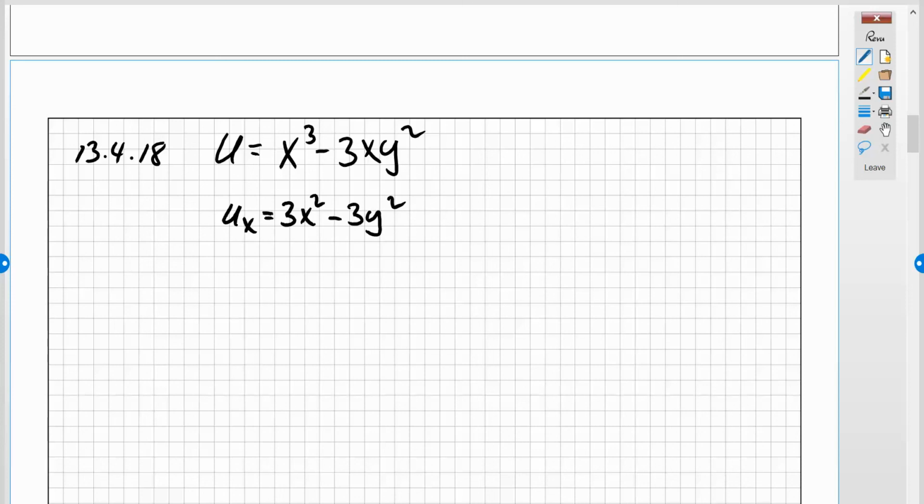And then uxx is equal to 6x. Uy is equal to minus 6xy, and uyy is equal to minus 6x.